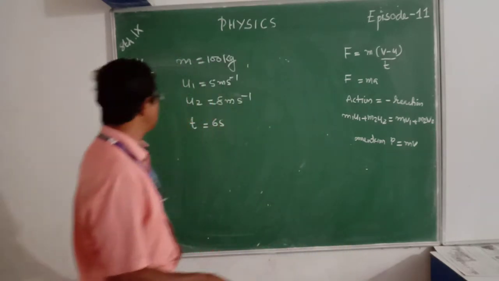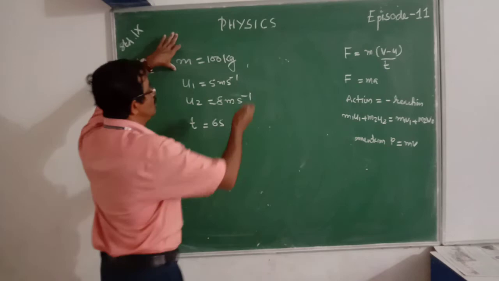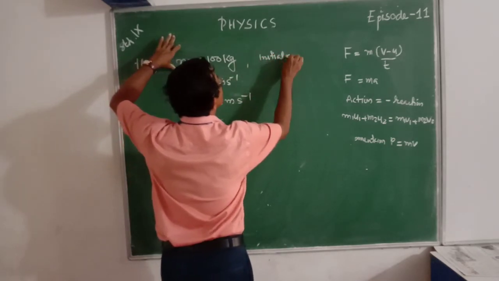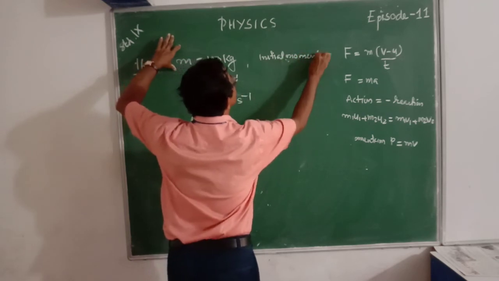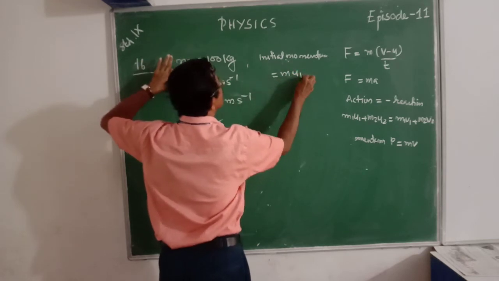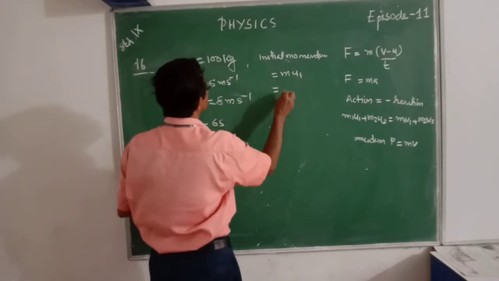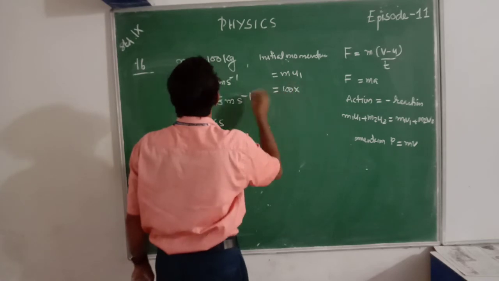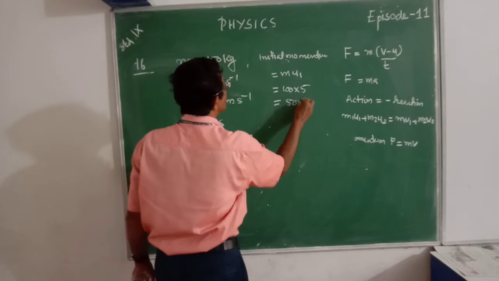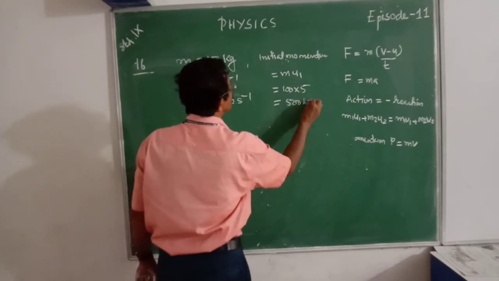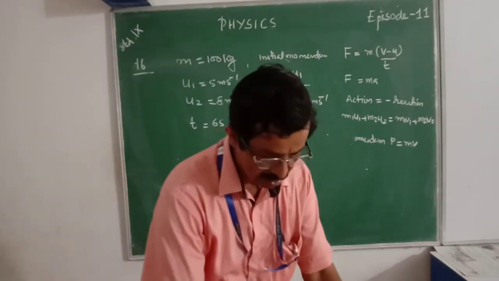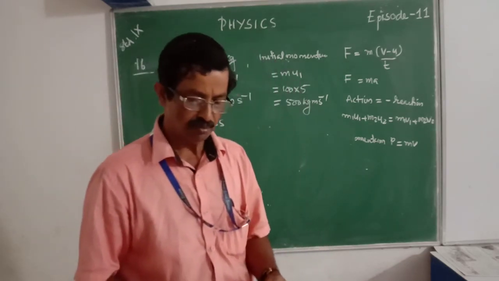See, initial momentum is equal to mass m into u1, that is mass into velocity, 100 into 5, that is equal to 500 kilogram meter per second. 500 kilogram meter per second is the initial momentum.